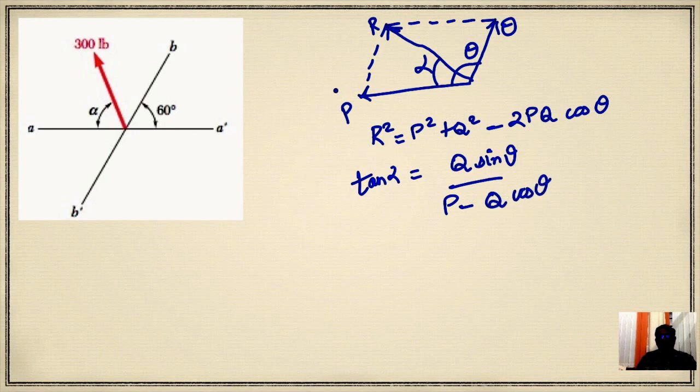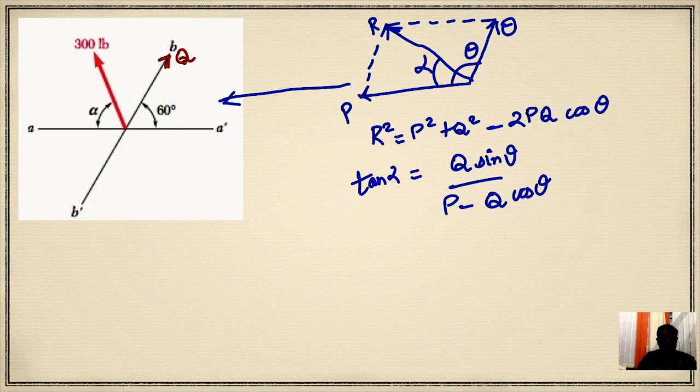So this is the methodology that we'll be using over here. You have a resultant acting in this particular direction, so obviously you're going to have one vector which was supposed to act in this particular direction.